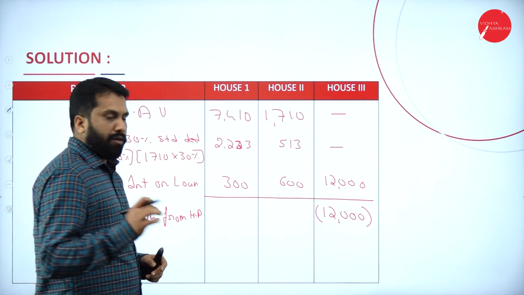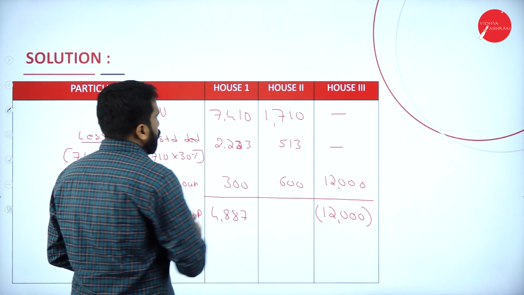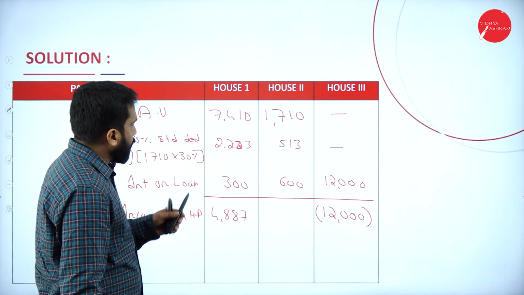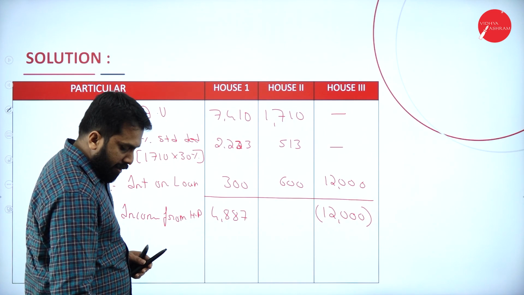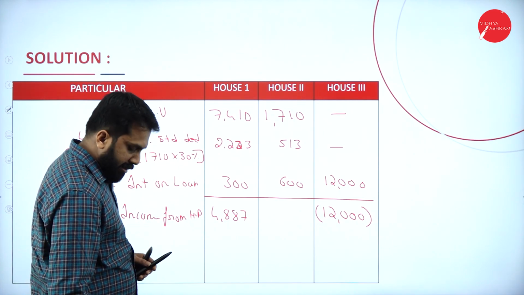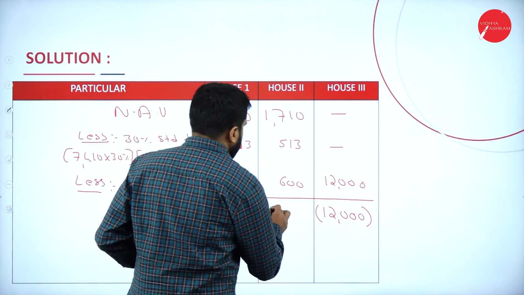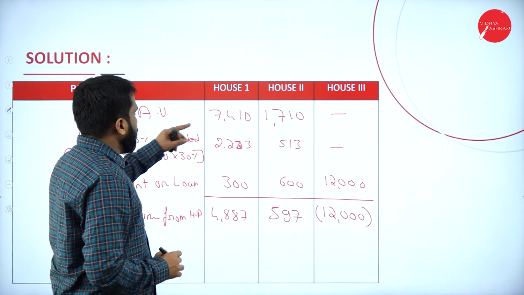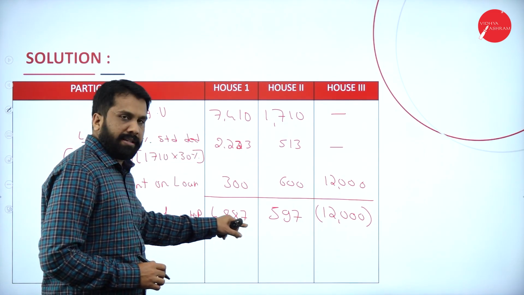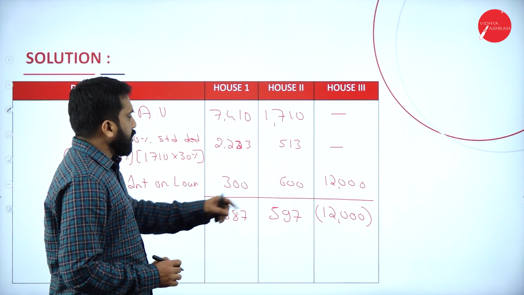It will be 4,887. We'll come to the last one. 1,710 minus 513 minus 600. It will be 597. So from this, if you minus these two, you will get this much.